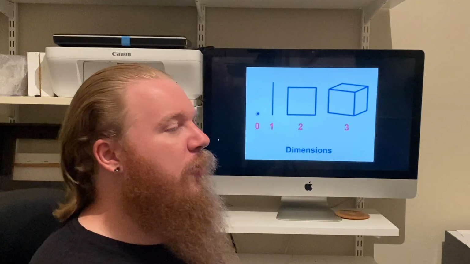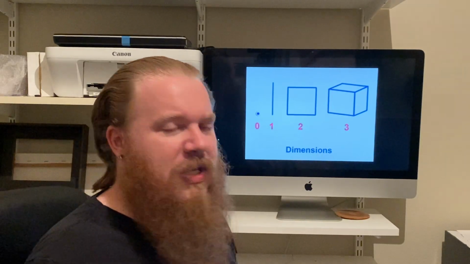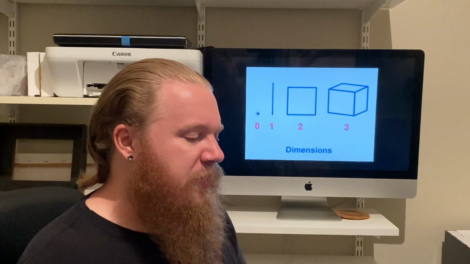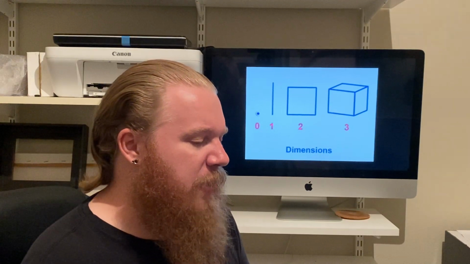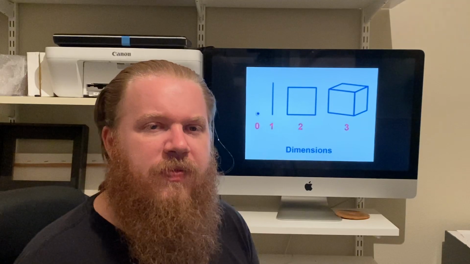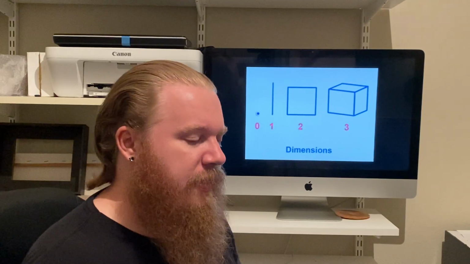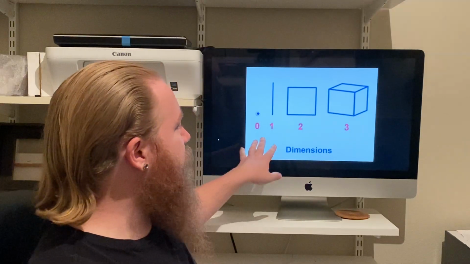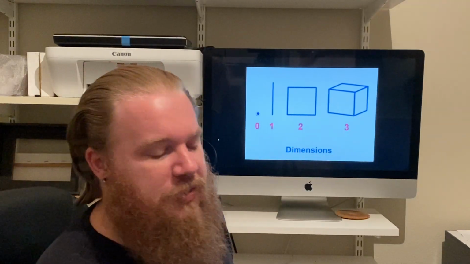We can go even further if we start to play with our perception of time, time being the fourth dimension. And this is much more of an element that's dealt with in things like film and theater production and stuff like that. So for our purposes, we really only get into about the third dimension.